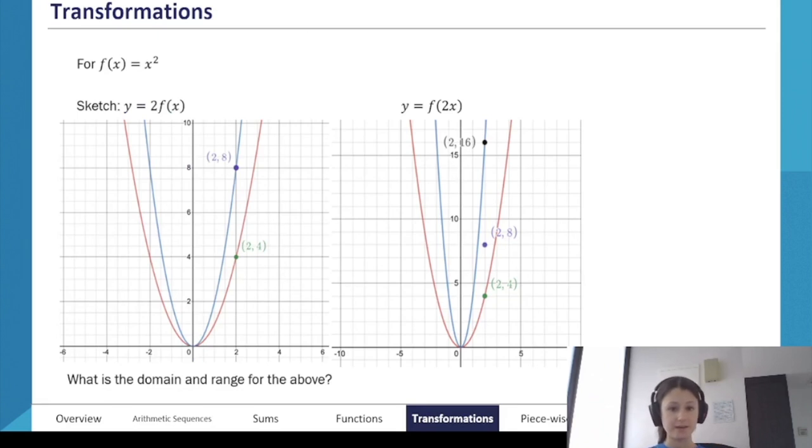So as you can see here, if our original function is x squared, if we multiply our original function by 2 out the front, this is going to be our first type of dilation. And then if we do the second type of dilation, we're multiplying within the x.